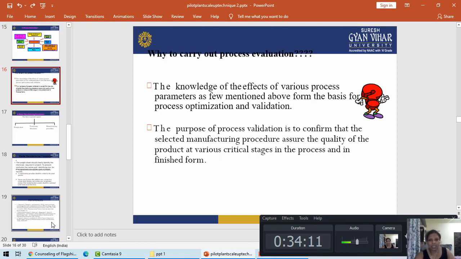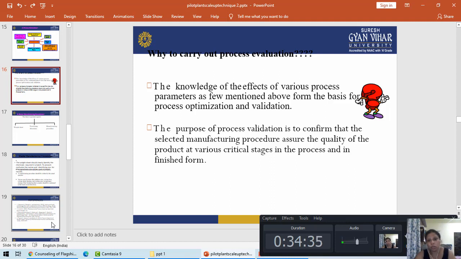So next is why to carry out process evaluation. The knowledge of the effects of various process parameters, as mentioned, comes from the basics of process optimization and validation.